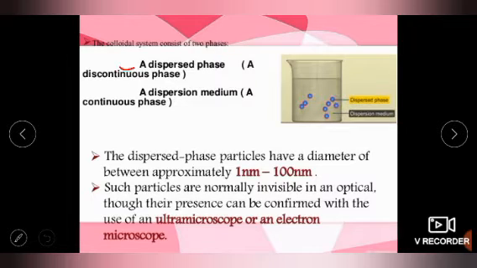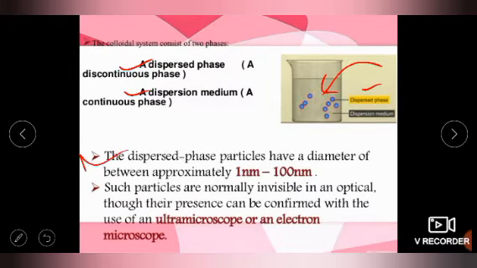Number one is the dispersed phase, which is a discontinuous phase. Second is the dispersion medium. You can take it like a solute and solvent. Like solute is always dissolved inside the solvent, similarly the dispersed phase is always mixed inside the dispersion medium. So here the blue color is the dispersed phase and this water is the dispersion medium.